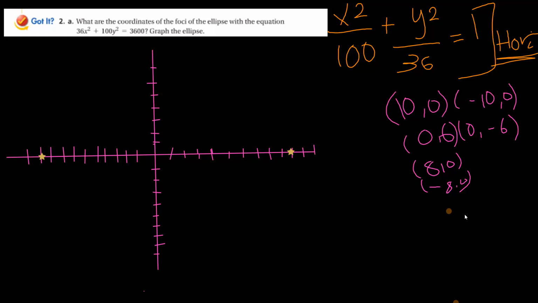What about the foci? It is 8, so it will be here and here. Now the b: 1, 2, 3, 4, 5, 6. So now these are the endpoints of the ellipse. Now let's draw the ellipse.